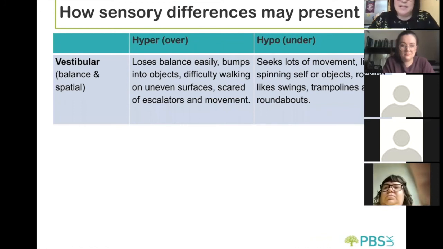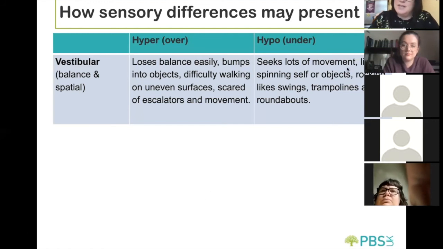Last couple of senses. Vestibular, our sense of balance. Someone who's oversensitive is more likely to lose balance easily. They bump into objects. They have difficulty walking, particularly on uneven surfaces, and things like escalators and lifts can be quite difficult for those people. So something to be aware of.